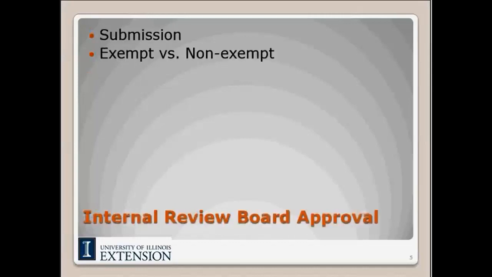And as I mentioned, because this is a survey that is being administered to human subjects, I'm not quite sure what kind of surveys are not administered to human subjects, but since this one is, we did send it through the Internal Review Board at the University of Illinois. It was ruled as exempt.